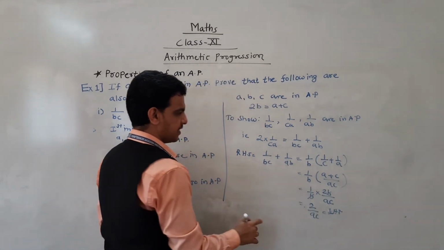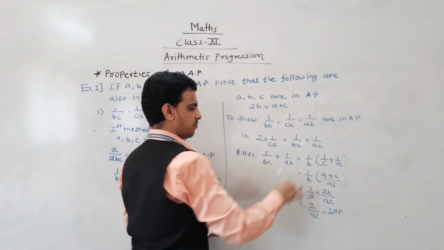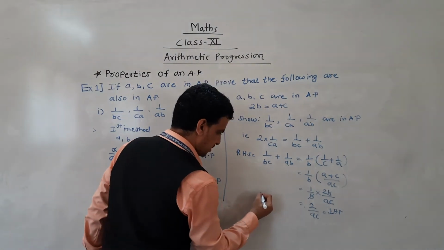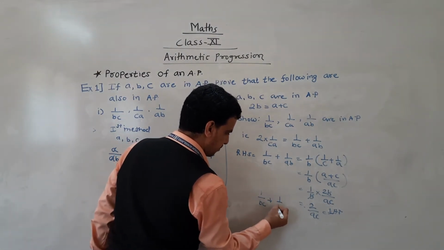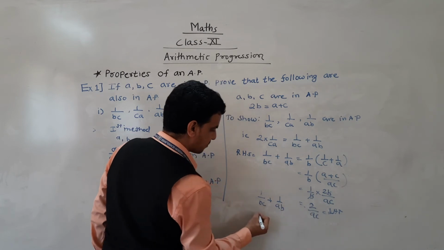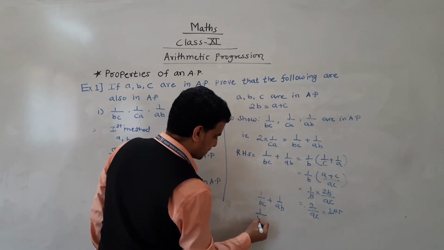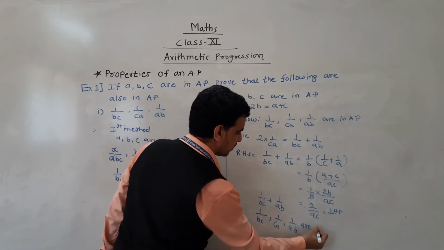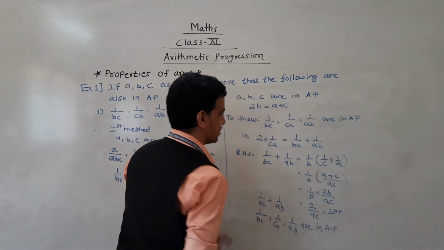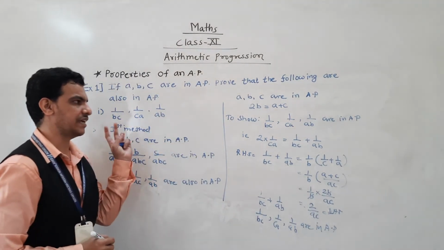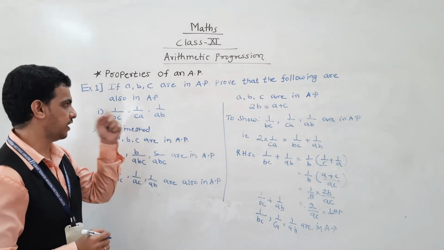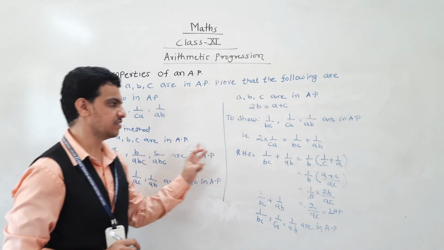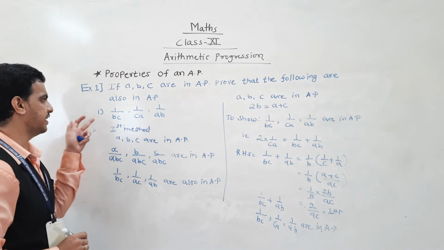Okay, so 2 divided by ac is equal to 1 by bc plus 1 by ab. So 1 by bc, 1 by ca and 1 by ab are in AP. Okay, so this is the second method. So you can use any one method to show that the terms are in AP. Okay, understand this.